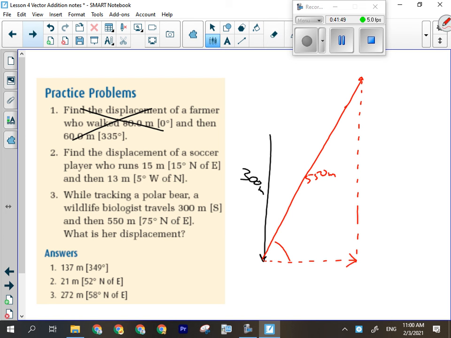My x component goes east, my y component goes north, and this angle here is 75 degrees north of east. So now I've drawn the two vectors. Where do I draw my resultant, or my overall displacement?